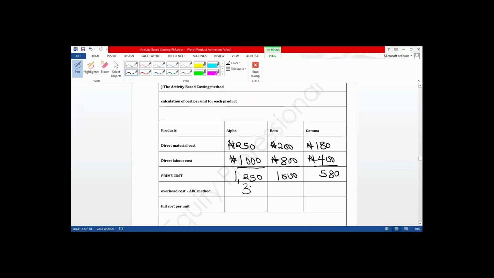Here we have 303.875, 393.8, 1,200. You can now get full cost per unit based on activity now. 1,393.8, 1,780.